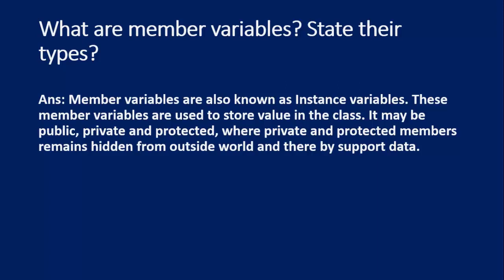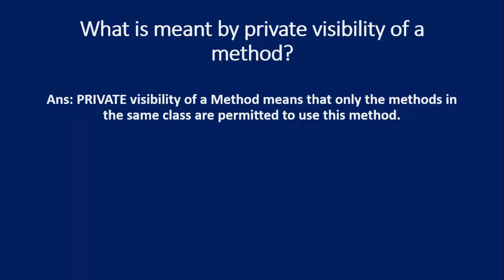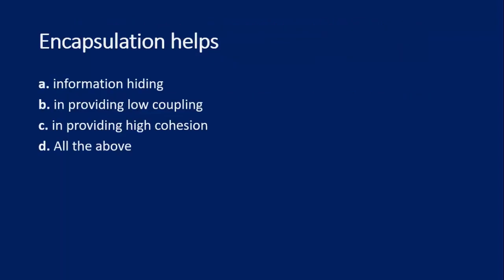Member variables and their types: member variables are also known as instance variables. These member variables are used to store values in the class, and they may be public, private, or protected, where private and protected members remain hidden from the outside world and thereby support data hiding. What is meant by private visibility of a method? Private visibility of a method means that only the methods in the same class are permitted to use this method.